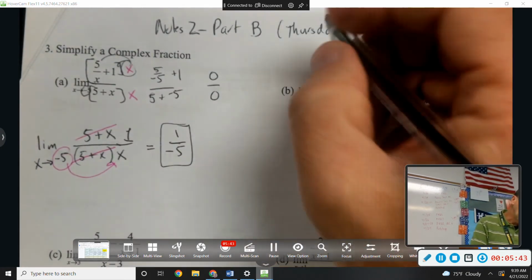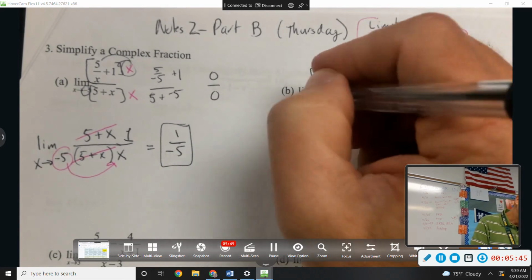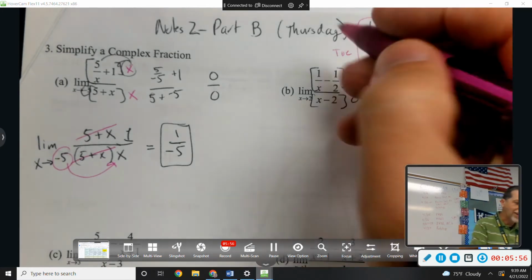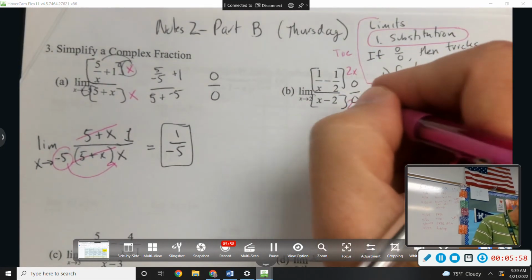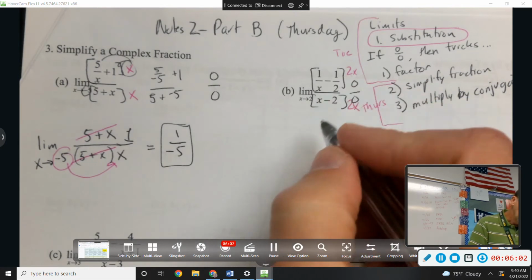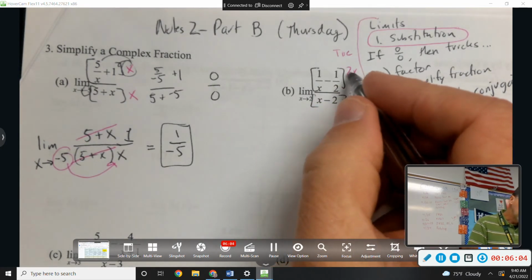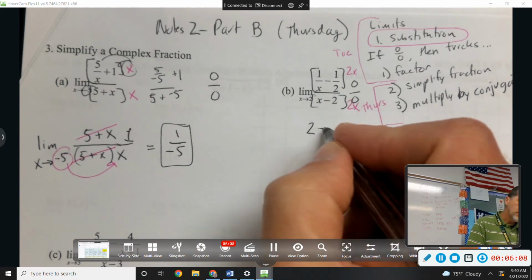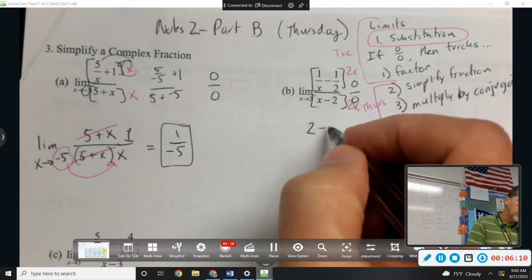All right, what should I multiply all of this by to make, this time I got 2 fractions. What should I multiply? What would cancel both an x and a 2? 2x. So I'm going to multiply the top and the bottom by 2x. So in the top, 2x times 1 over x, the x's cancel. 2x over 2, the 2's cancel.